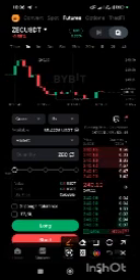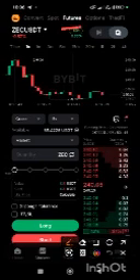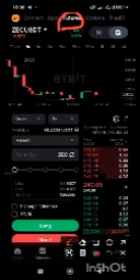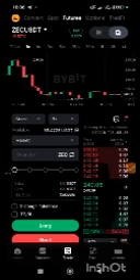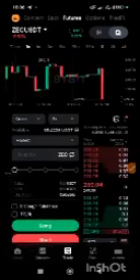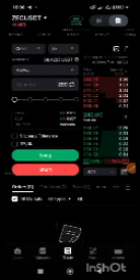As a futures trader, you need to make sure that your futures here is highlighted, that is shining white. That's my own use on futures. That is why it's highlighted. If not, if your spot is highlighted, just quickly change it to futures to get the best interface for your trading.